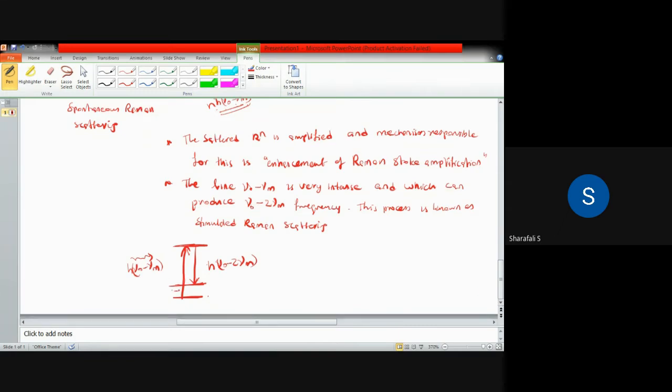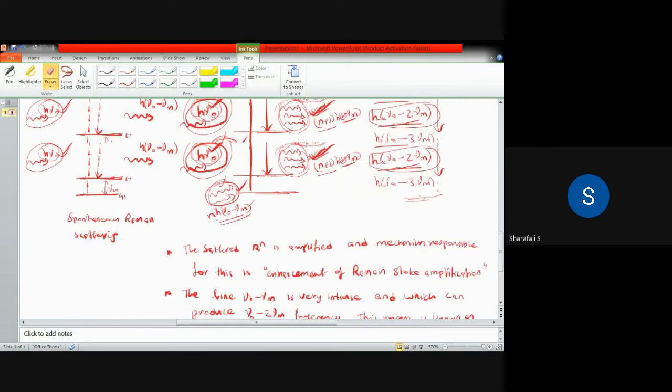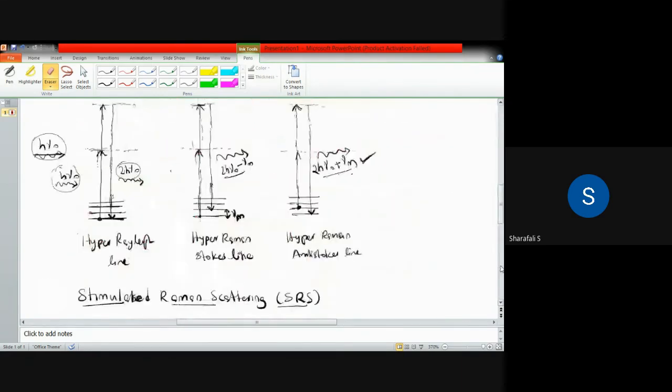Initially you'll be having it here, and the next time it goes from here. But don't get confused, because it is just a representation.